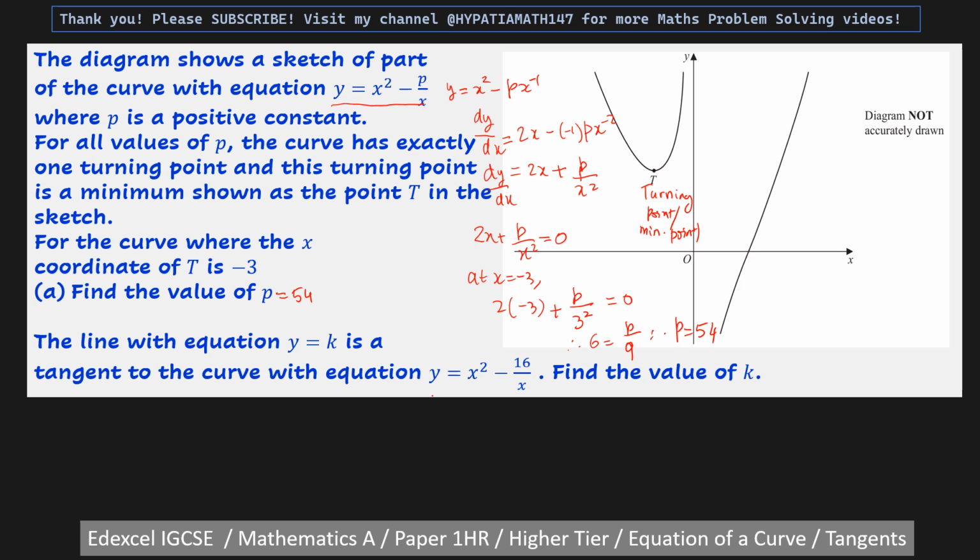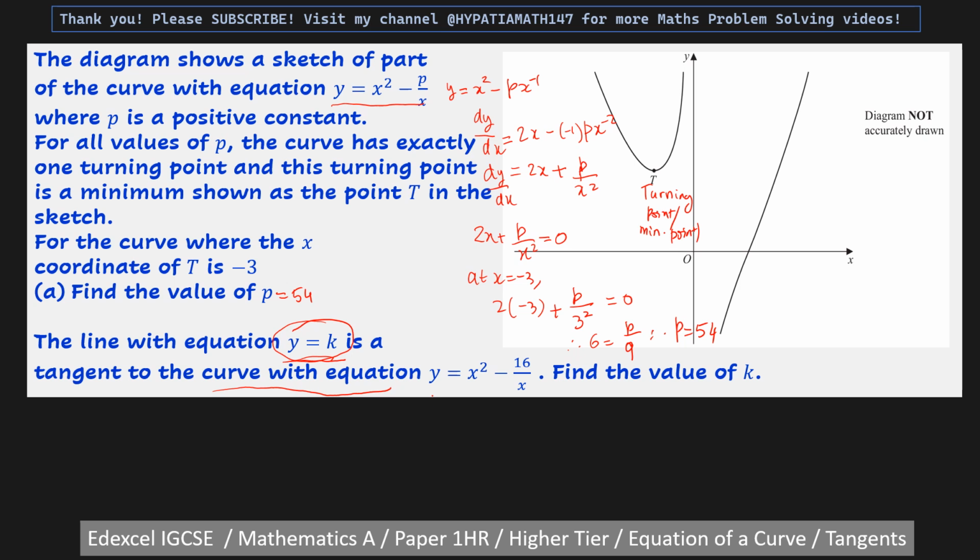So that is done. So for the next part, they are saying the line with equation y equals k is a tangent to the curve. So if y equals k is a tangent to the curve, you see the gradient of the line y equals k is 0.